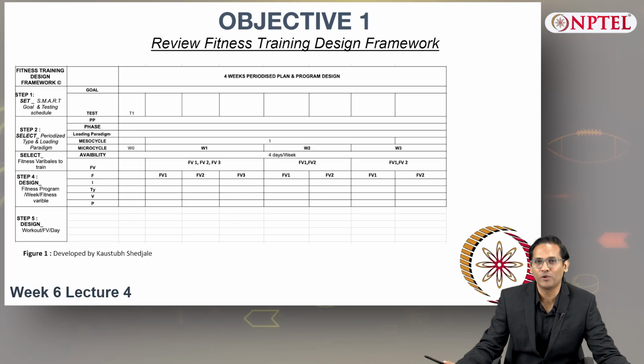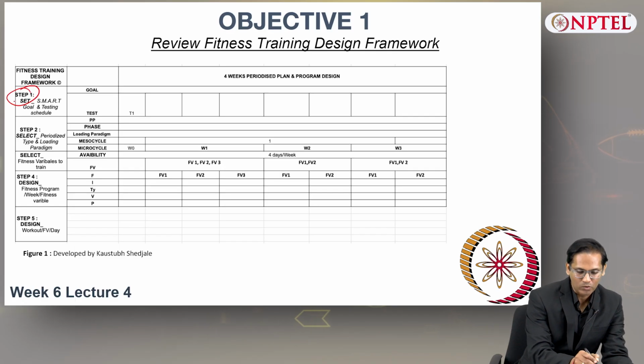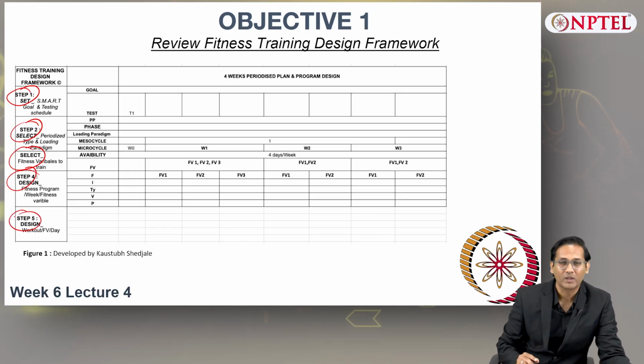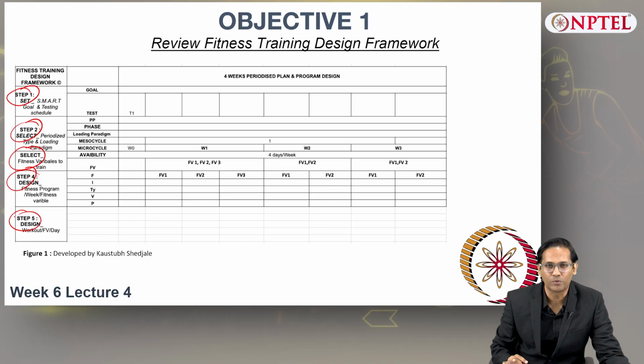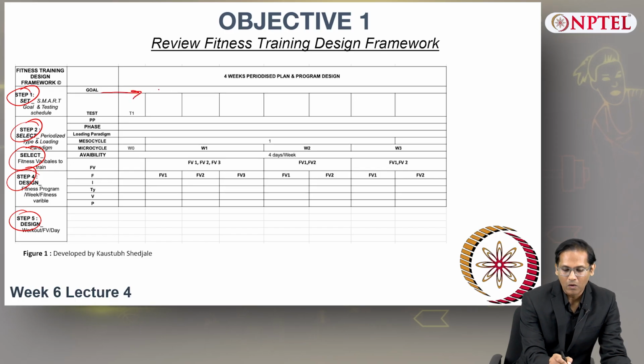Let's begin by reviewing the fitness training design framework. Now within this context, this framework has total 5 steps in order to design a program. It begins by clearly identifying what fitness variable you are going to improve.